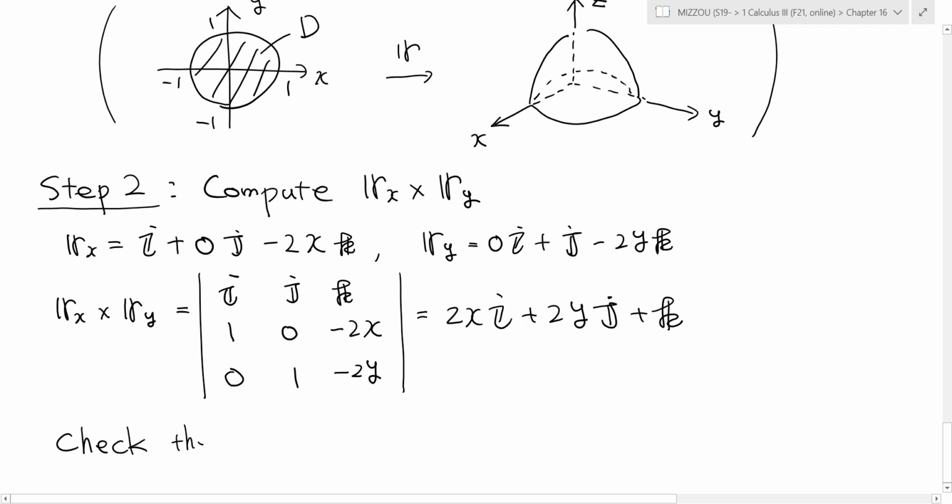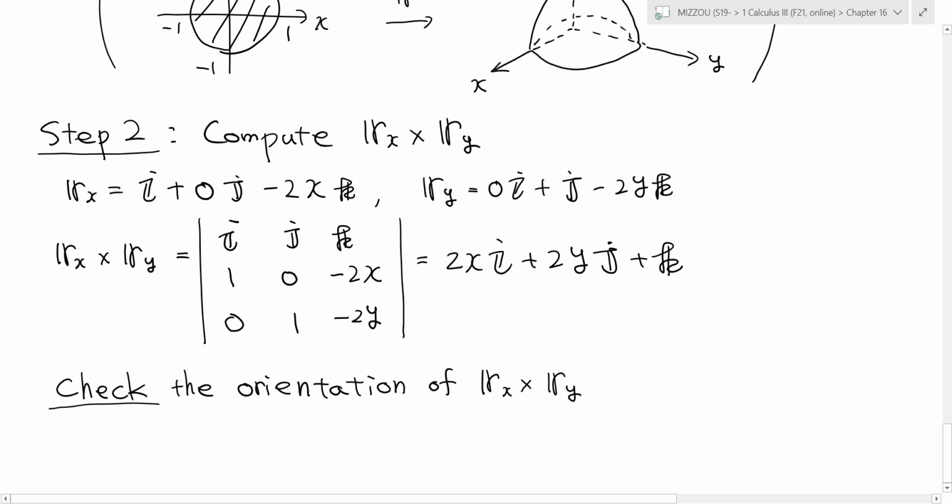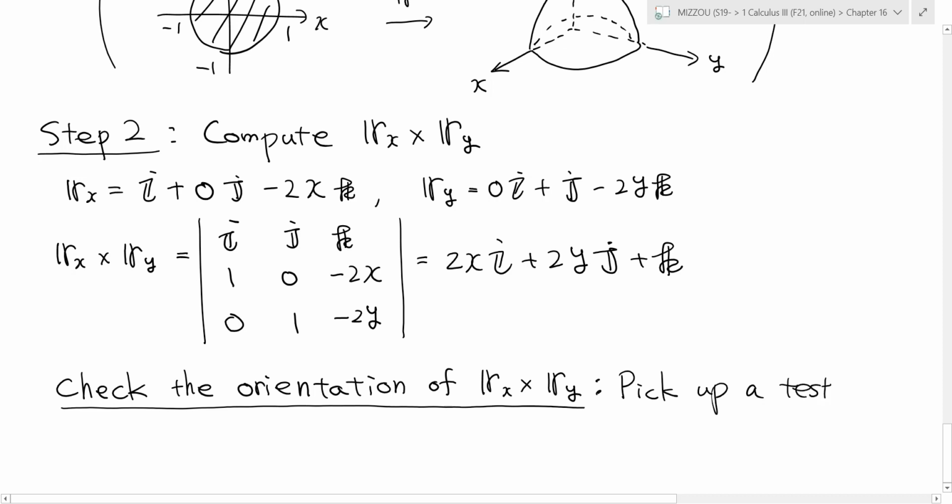So to check the orientation of r_x cross r_y, remember, what we have to do is pick a test point on the surface.